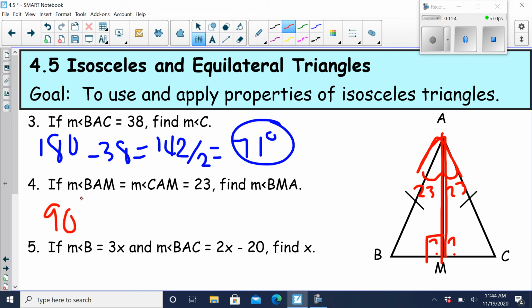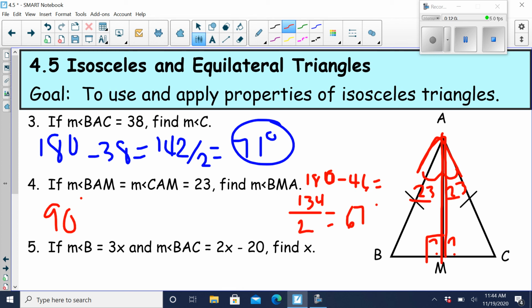Now, if I don't recognize that theorem, I can still get through this problem. I could use what we did in the last problem. I could say 180 is the measure of my triangle. Subtract what we already have: the 23 and the 23 would give me 46. That's going to leave me with 134. Now, if I take 134 and divide by 2, I'm going to be left with 67 degrees.